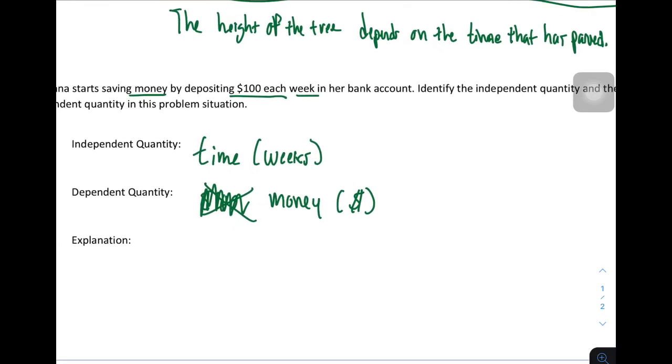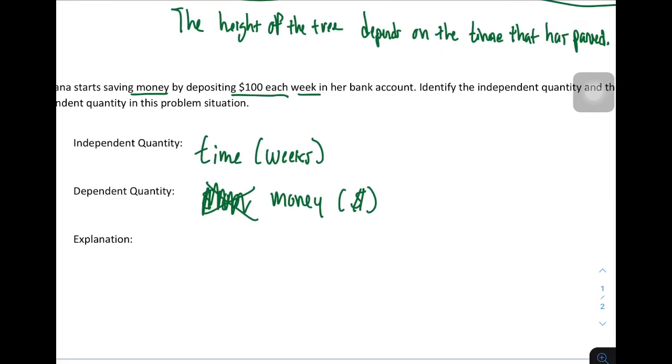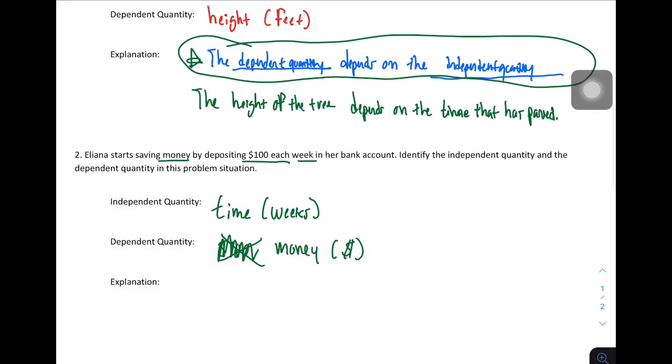All right, so the explanation. How can I connect these two things? Well, remember the little formula up here. The dependent depends on the independent. So which one is the dependent? The money. So the money, and let's put some context in here.